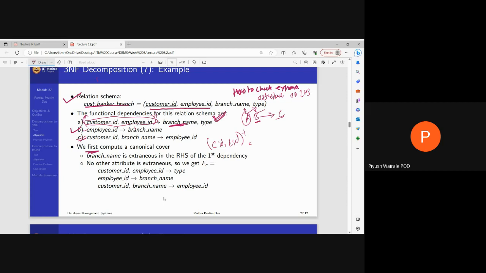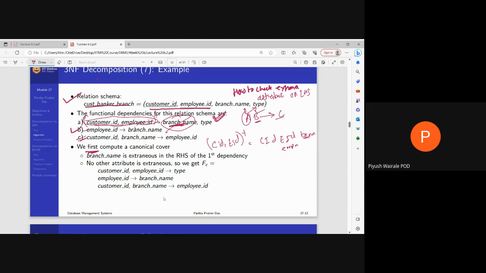Based on the other two functional dependencies: CID EID itself, CID EID branch name. In the closure of employee ID and CID, we are already getting the branch name, right? So this is extraneous then. We can simply remove this, right?